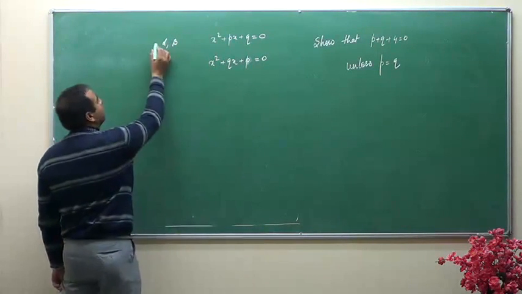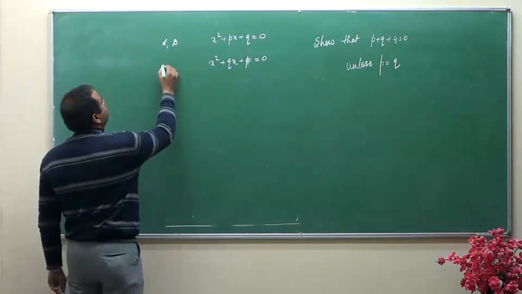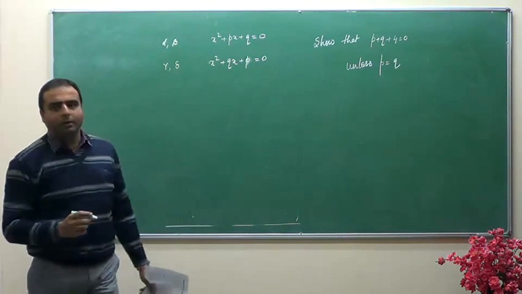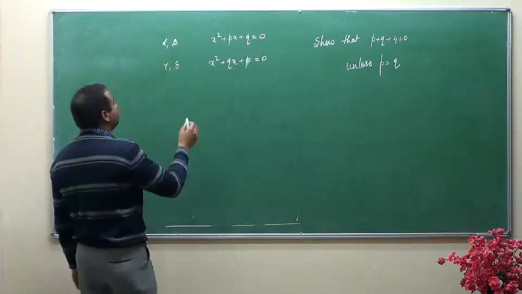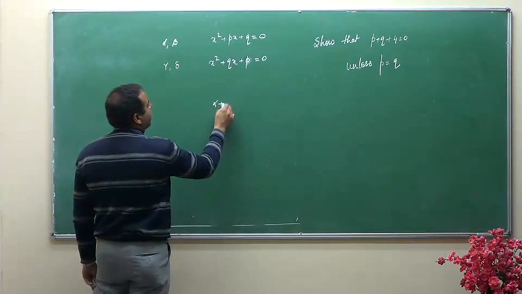So let the first equation have two roots alpha and beta, and the second equation have two roots gamma and delta. So what is alpha plus beta?